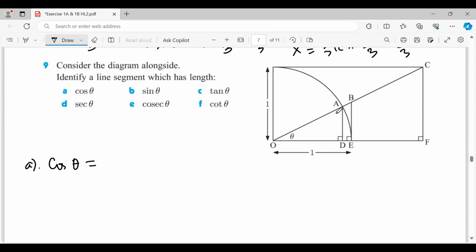Cosine AD over cosine theta is, yeah, this is 1.